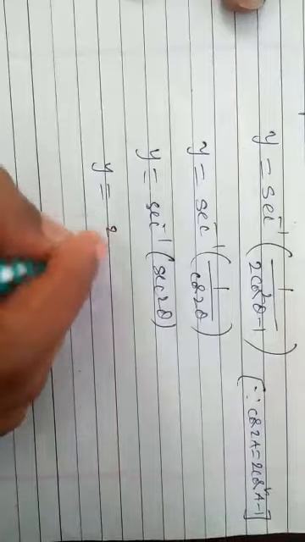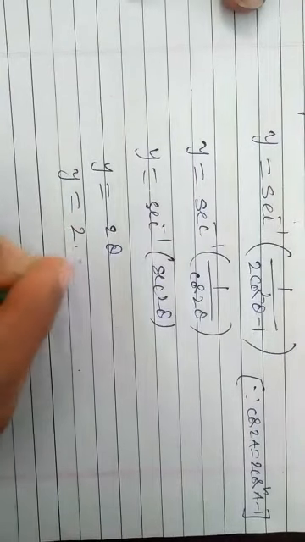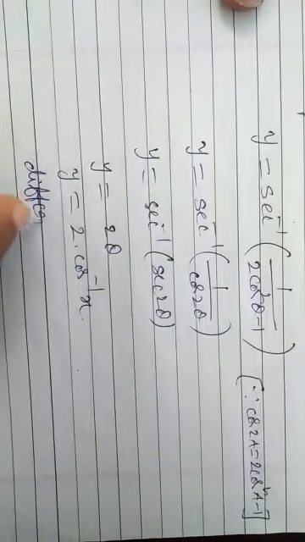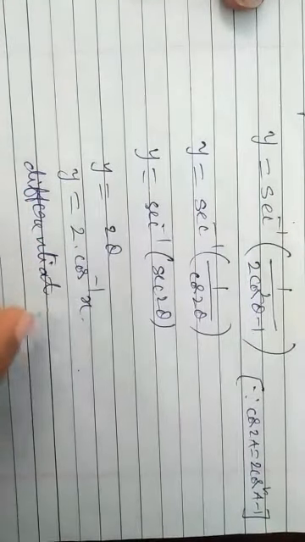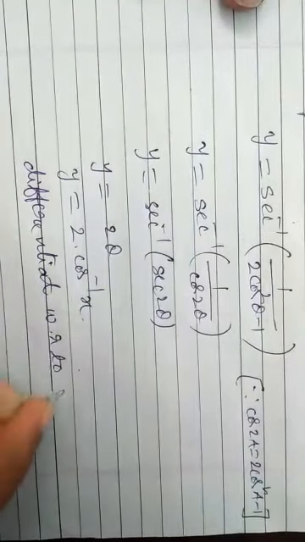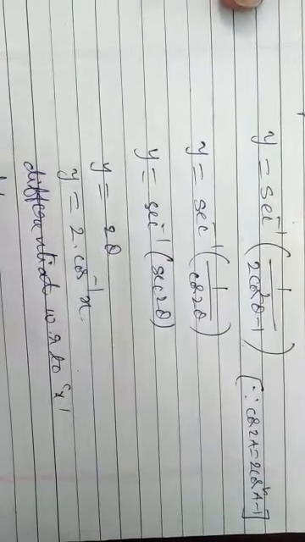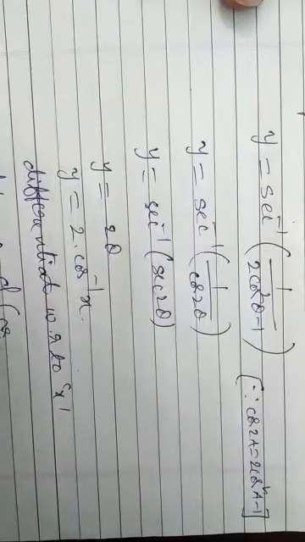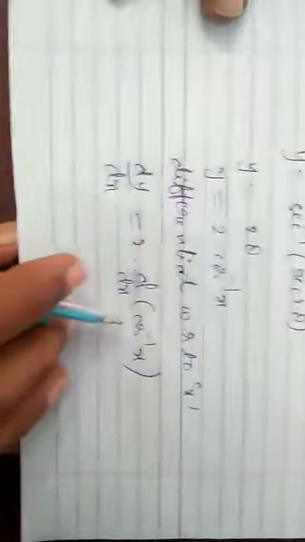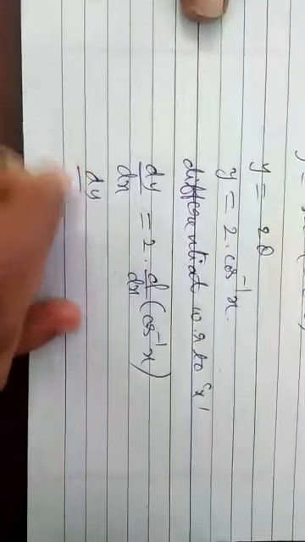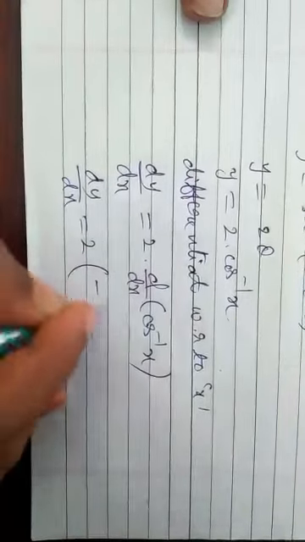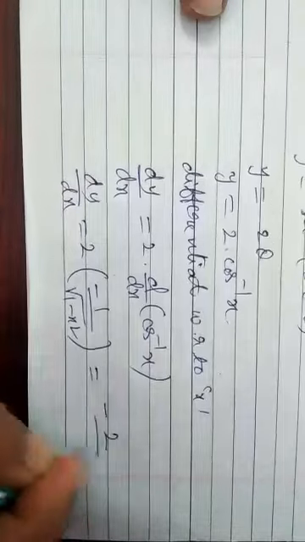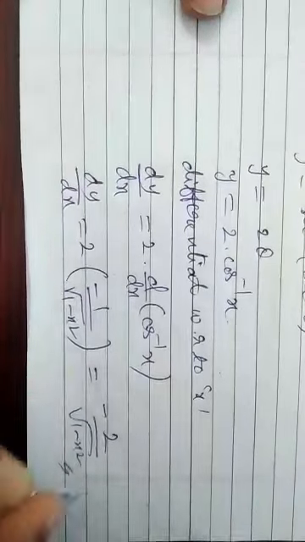Now your problem becomes 2 theta. y is equal to 2 into cos inverse x. Differentiate with respect to x. dy by dx is equal to 2 into d by dx of cos inverse x. So dy by dx is equal to 2 into minus 1 by root of 1 minus x square. The resultant is minus 2 by root 1 minus x square.